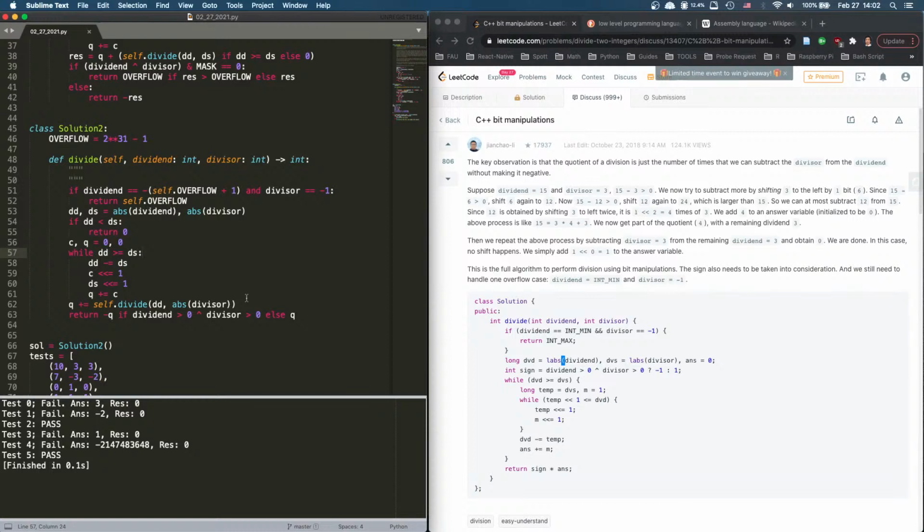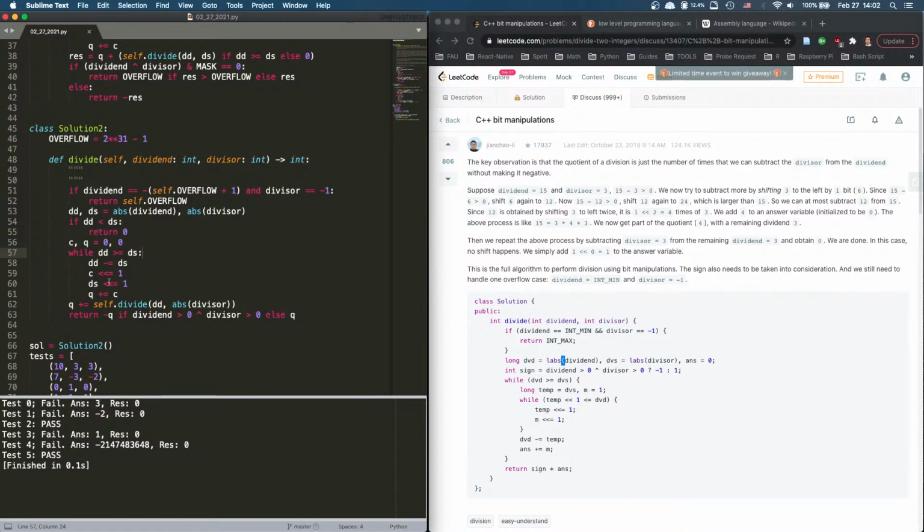Even if I do ABS divisor, it's still not correct. Why is that the case? I have the ABS divisor is what? Is 3, right? And then we have, when we quit, DD is 1 and DS is 6. And we quit. And then DD is 1. This is 3. So we're coming in.